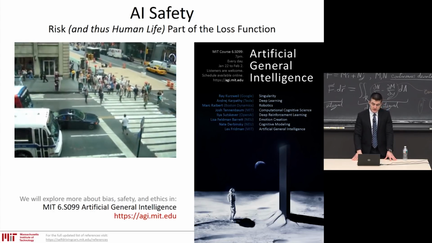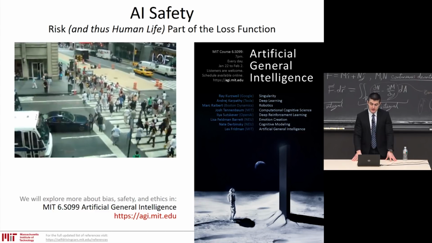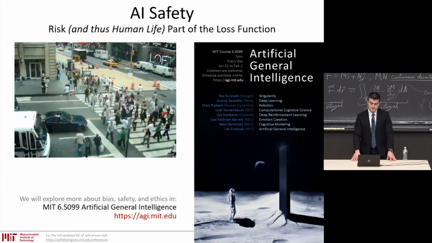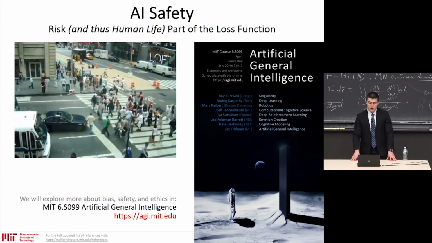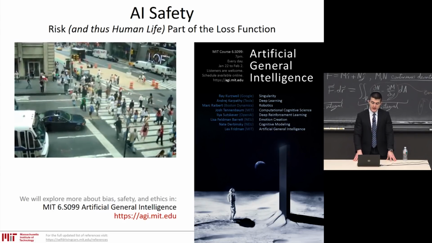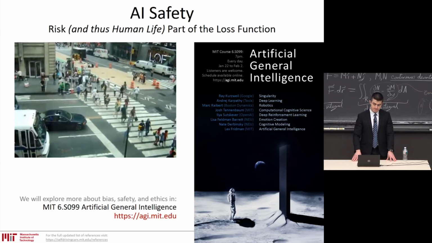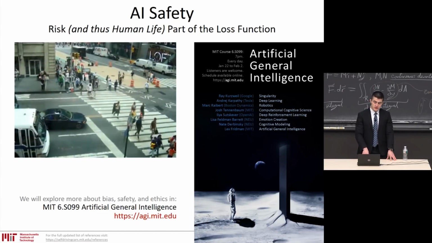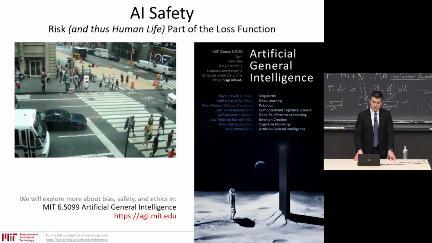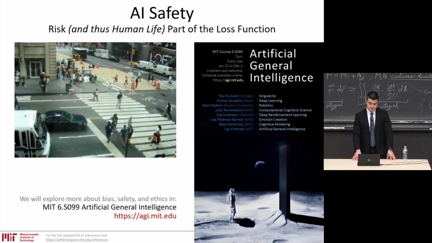That's where AI safety comes in. For the Artificial General Intelligence course in 2 weeks, that's something we'll explore extensively. It's how these reinforcement learning planning algorithms will evolve in ways that are not expected, and how we can constrain them, how we can design reward functions that result in safe operation.